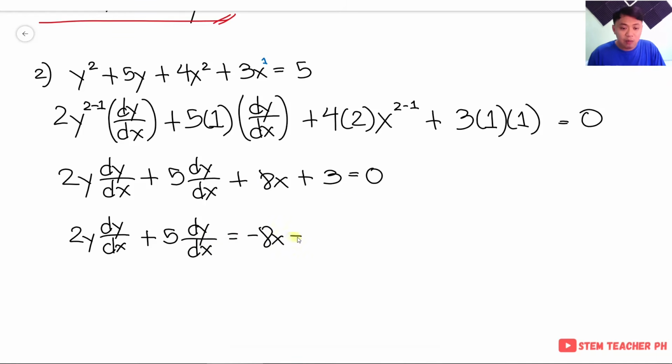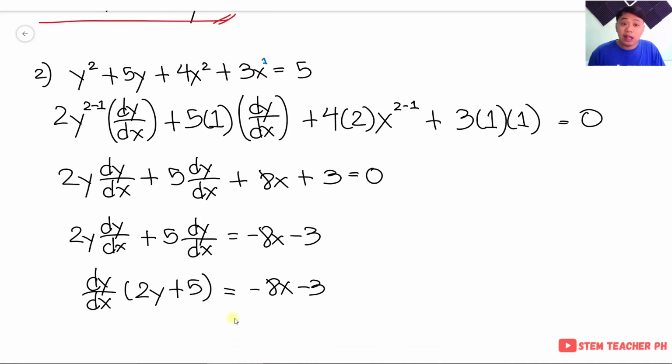Yung positive 3 will become negative 3. Then ang kailangan lang natin ay dy over dx. So ifa-factor out natin siya. As we factor out dy over dx, ang matitira na lang sa loob will be yung 2y, tapos same operation, addition, tapos yung 5. After factoring out dy over dx, yung nasa right side is negative 8x minus 3.